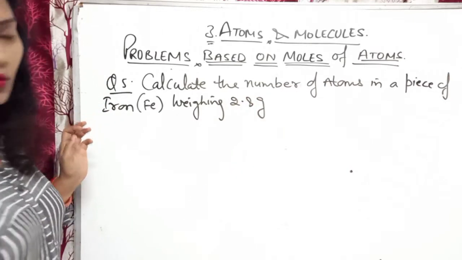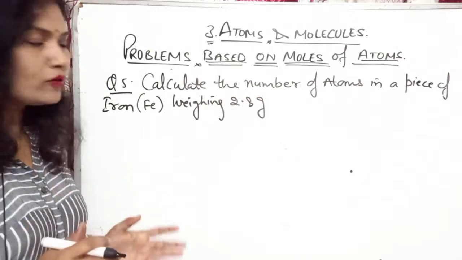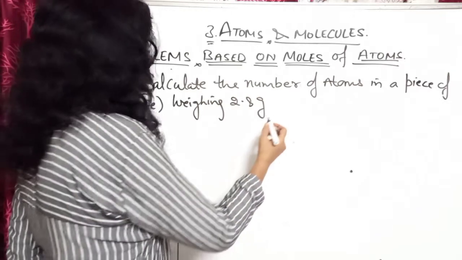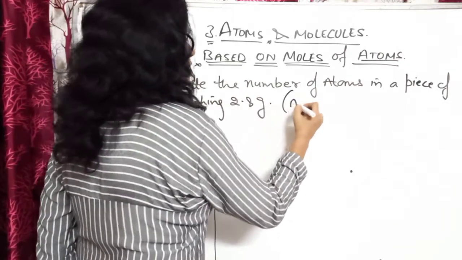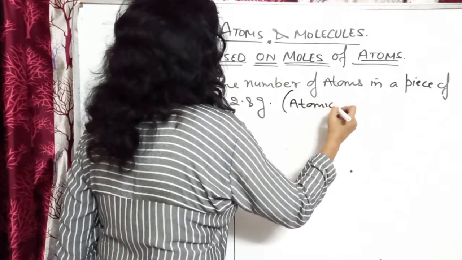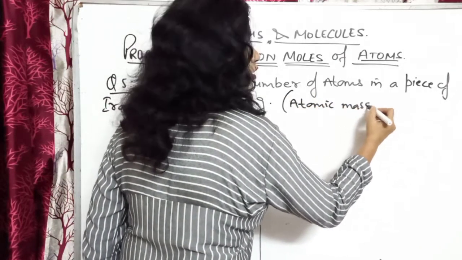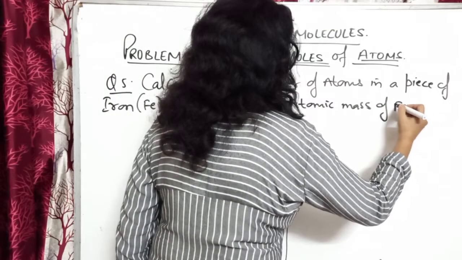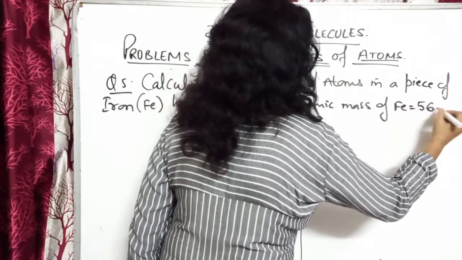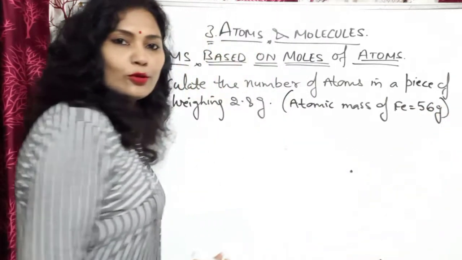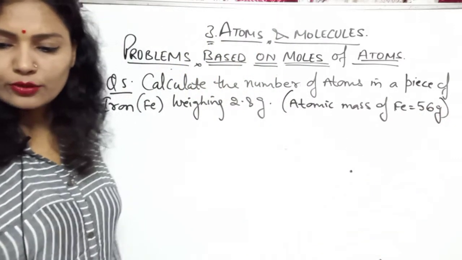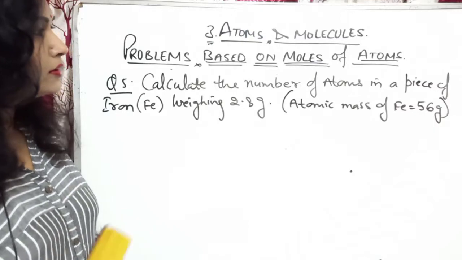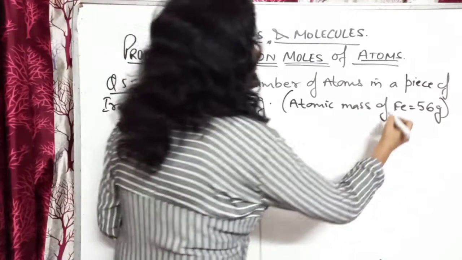Okay, so you know that the atomic mass of iron will be given, so it is given in the question. Atomic mass of iron, Fe, equals 56 g. So 56 is the atomic mass of Fe.